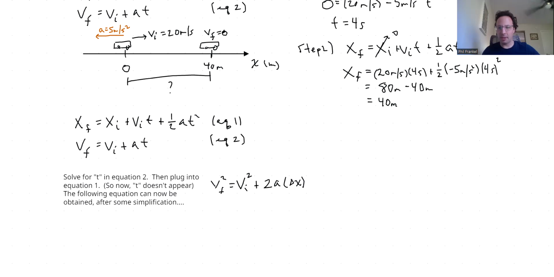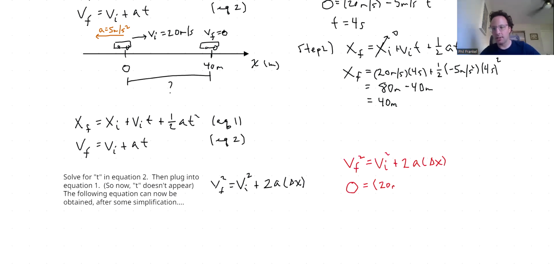Consider the following application. Final velocity squared equals initial velocity squared plus 2 times acceleration times displacement. So let's apply this single equation to the problem that we had. The car has a final velocity of 0. The car had an initial velocity of 20 meters per second, which has to be squared in this equation, plus 2 times the acceleration.